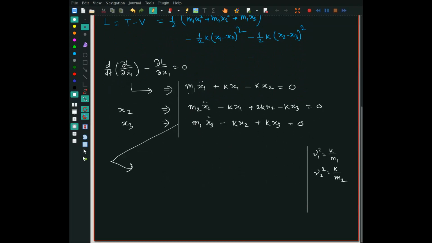I divide these equations by m1 and m2 respectively. And then what I should get is x1 double dot plus nu 1 square x1 minus nu 1 square x2 equals 0.